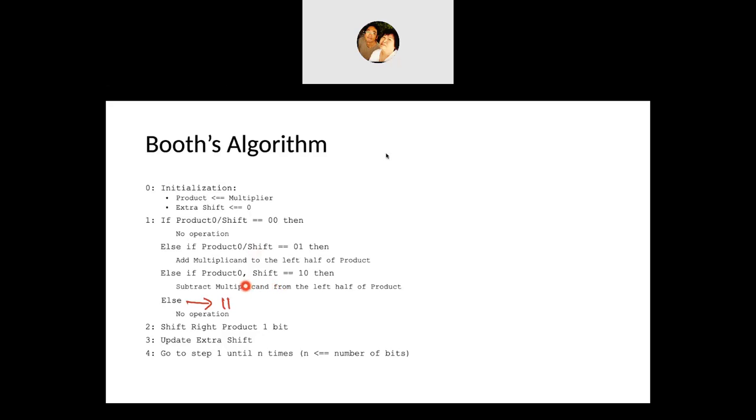When the product 0 and the extra shift become 1, 0, instead of adding the multiplicand to the product, at this time we have to subtract the multiplicand from the left half of the product. So we have add here and subtract here.